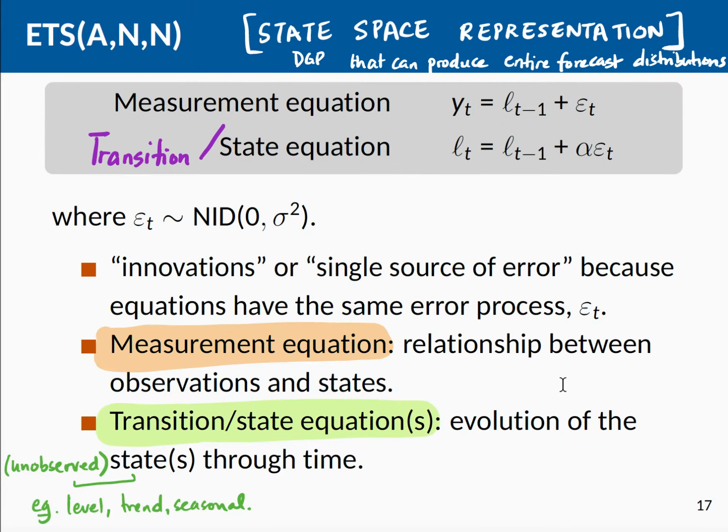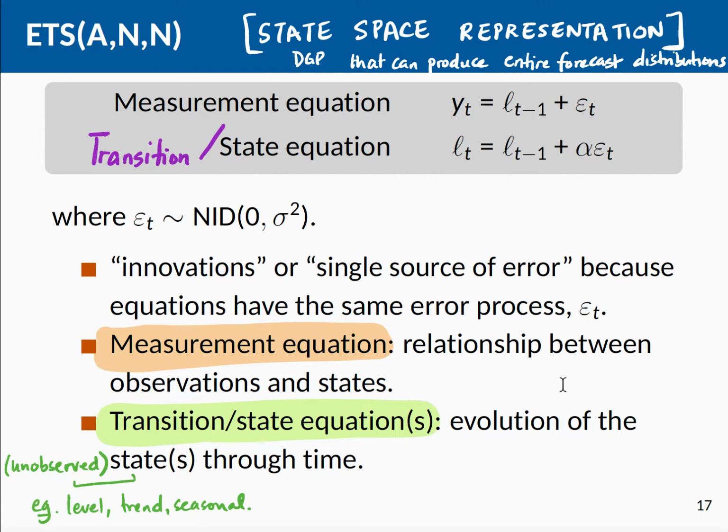Now, when we get to thinking about state space representations of statistical models, that has been really the innovation in the last 20 years in time series. These are usually represented by two types of equations. So the first equation here is a measurement equation, and the second equation here is a transition or a state equation.